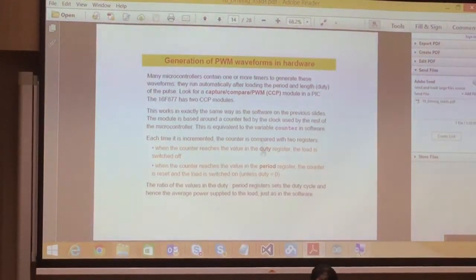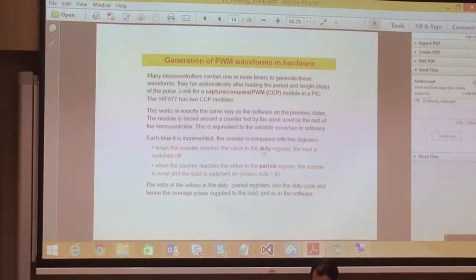For some of the microcontrollers, we actually use the registers to do it. This is a different way to implement the PWM. For Arduino just now, we have a very simple way to do it: you just control your turn on and turn off.